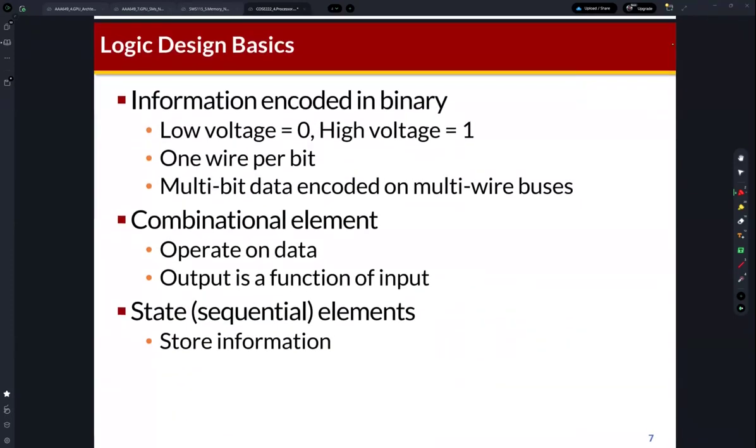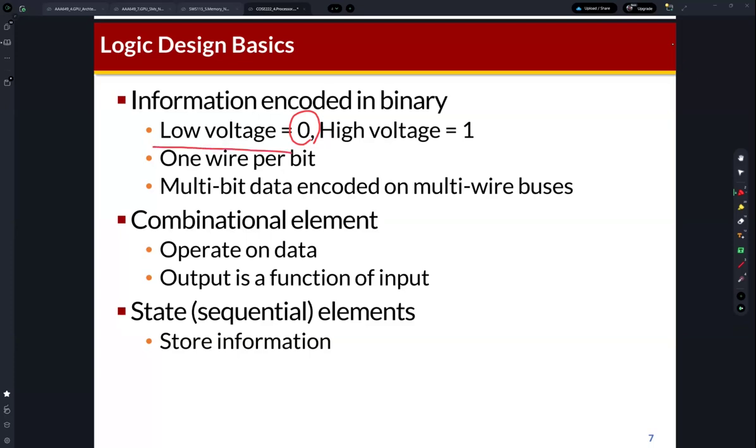Okay, the logic design. As I mentioned, the CPU is a kind of digital system. Which means a CPU can only understand digital signals, and digital signals are composed of only 0 and 1. So only two values, and 0 is represented using low voltage. Actually we use the voltage level to represent different binary values.